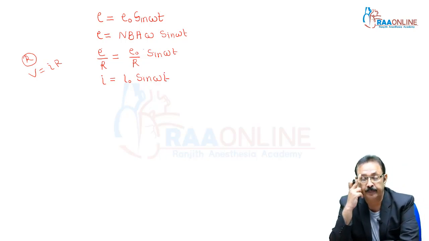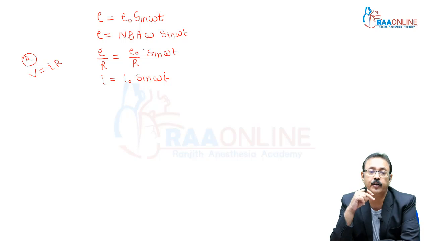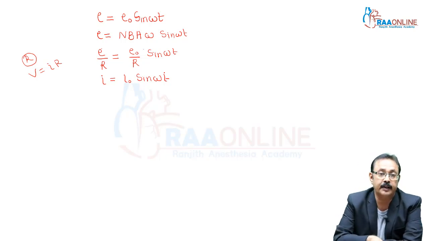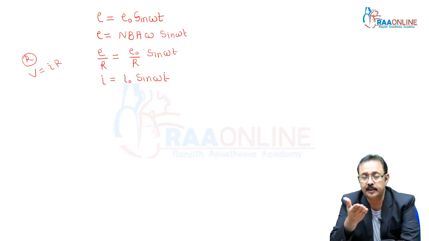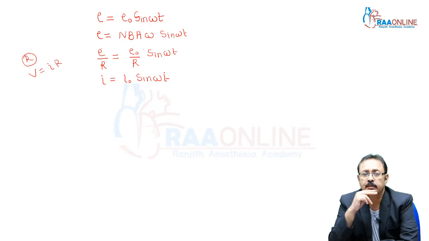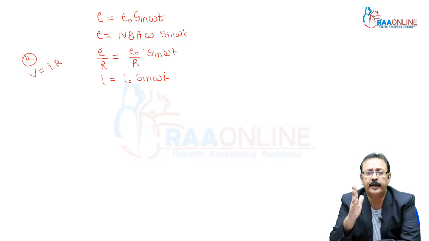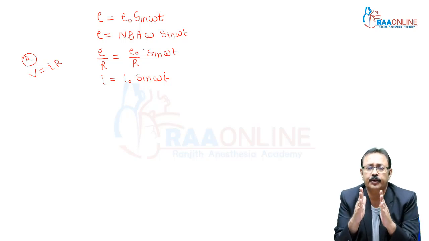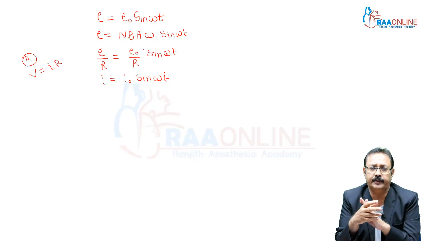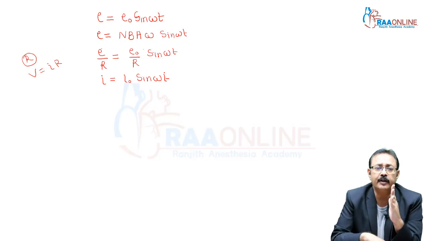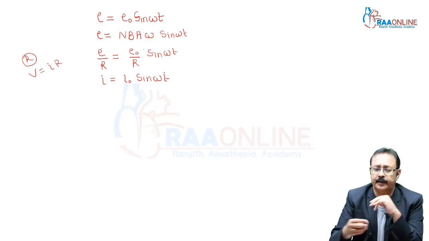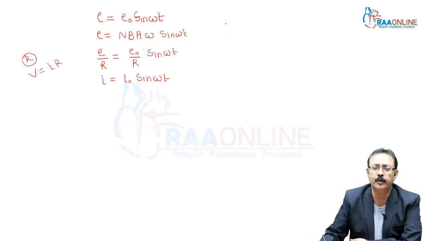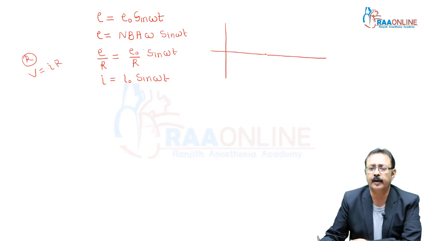What will happen if you try to find the average value of E or I? It is not constant; they are changing with time. We know that E and I both change due to this sin omega t, so sin omega t or sin theta represents the curve of E or I. You know the sine curve very well for one complete cycle.